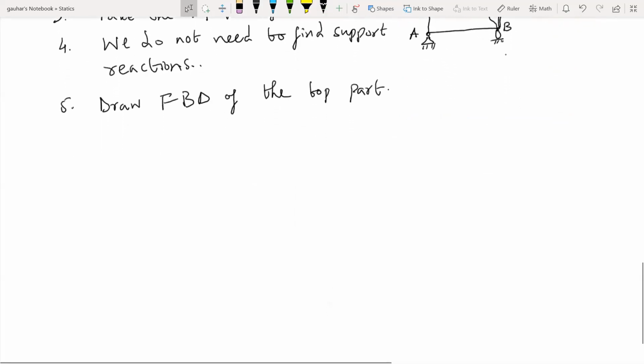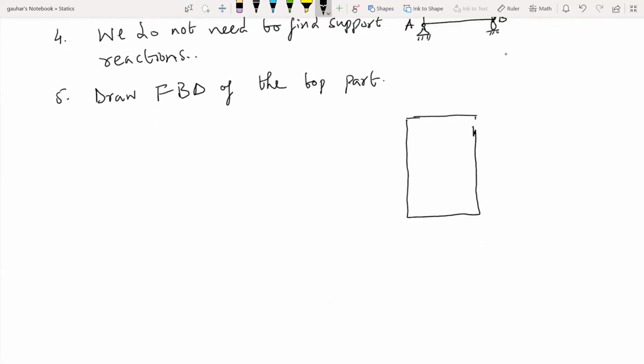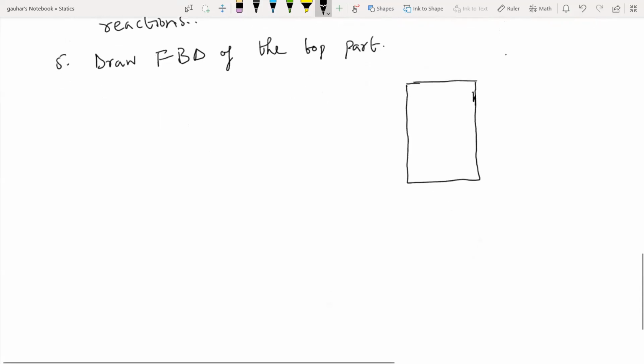Okay, so let's draw the free body diagram. Okay, this is this, this is this, this is this.